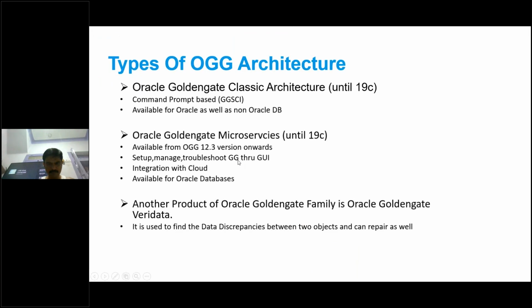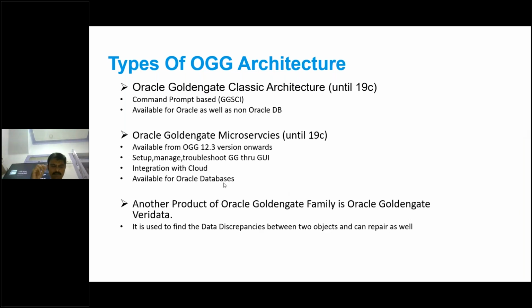Then there is one more product in the Oracle Goldengate family, which is called Oracle Goldengate Veridata. Veridata is a product which is used to find the discrepancies between data.